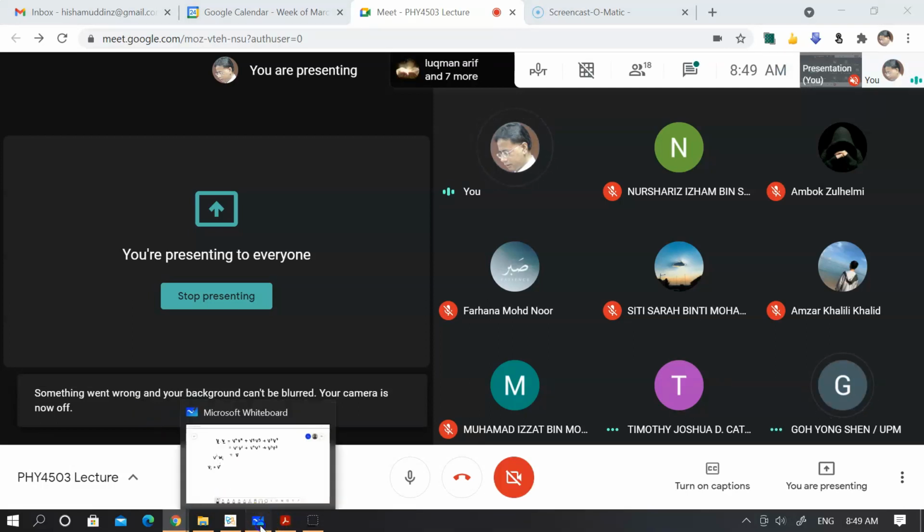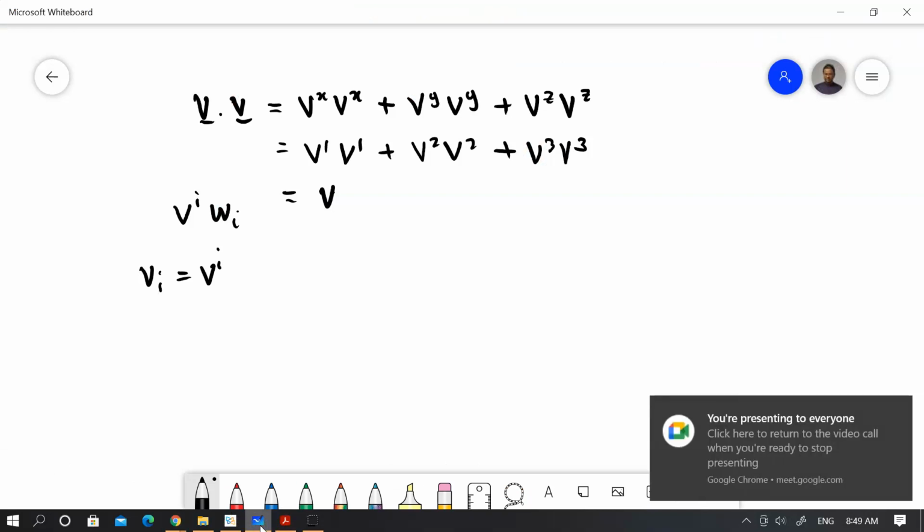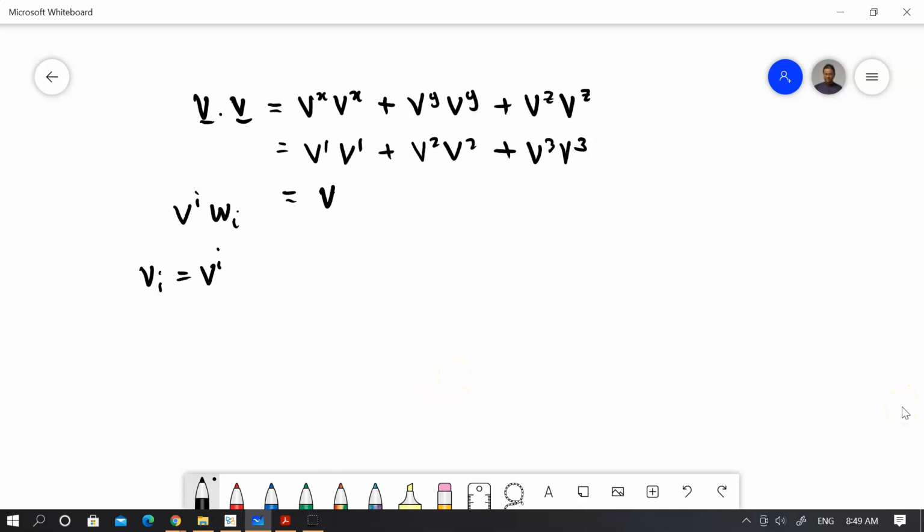Okay, can you see the whiteboard? Yeah. Okay, so I can now rewrite this, since Vi at the bottom equals Vi at the top. There's no problem with that.